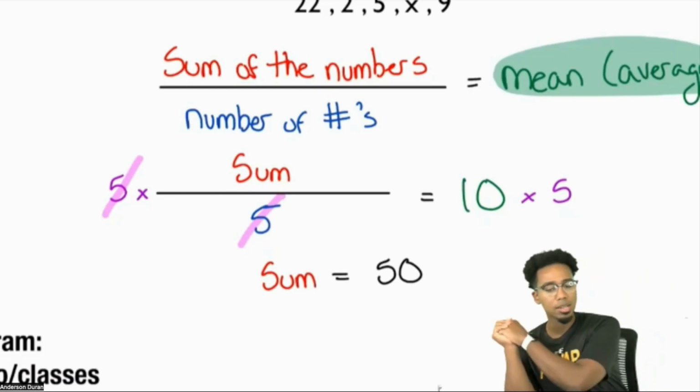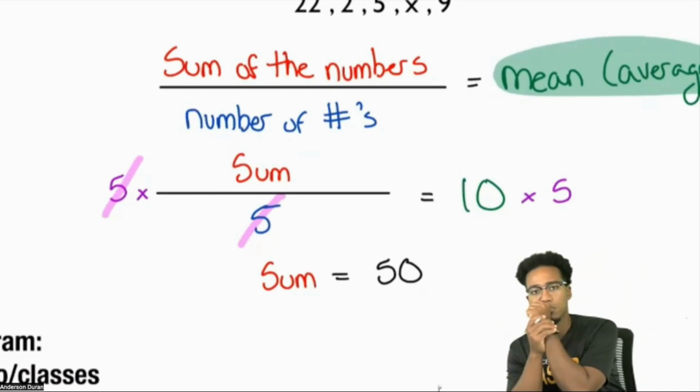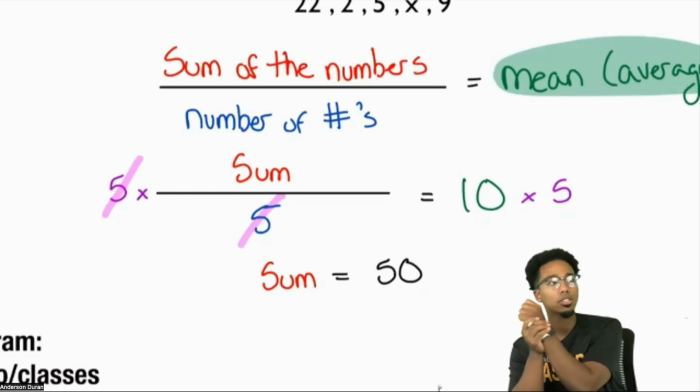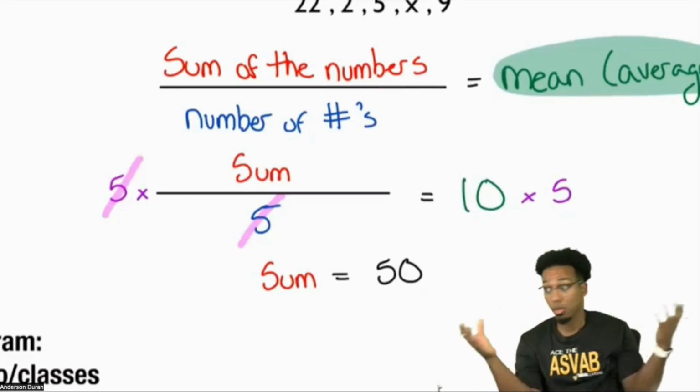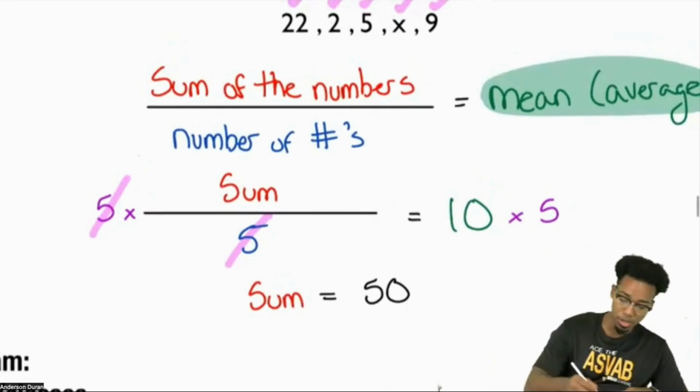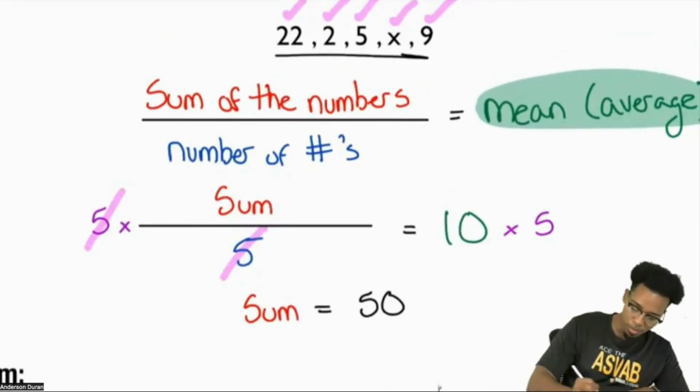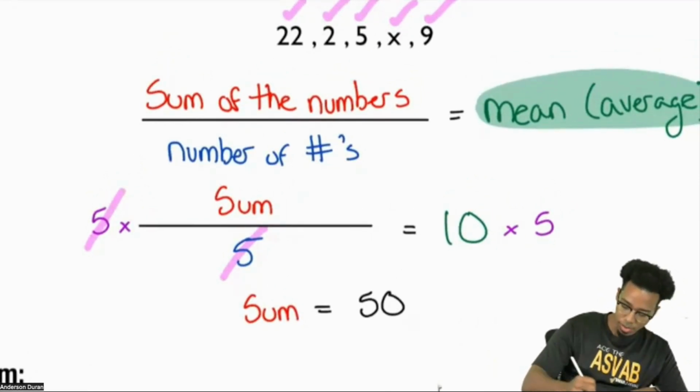We can say that the sum of the numbers is 50. Okay. So here's what we can do. Once we know that the sum of the numbers is 50, everybody, let's actually show the sum. Let's show the numbers being added up. Everybody, if we added all of these numbers up, we have x, right? We have x right there. So I'm just going to go ahead and write the x over here.